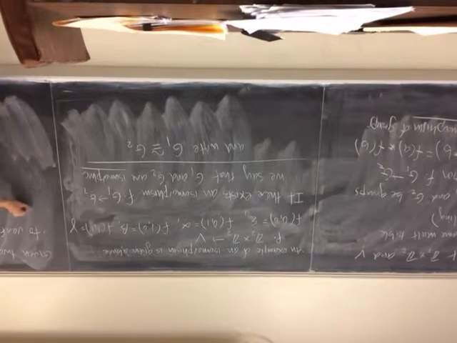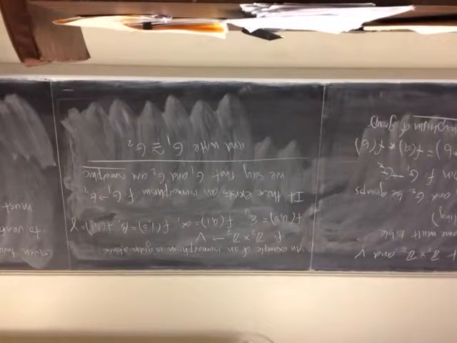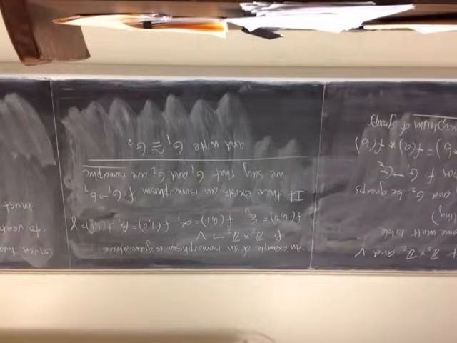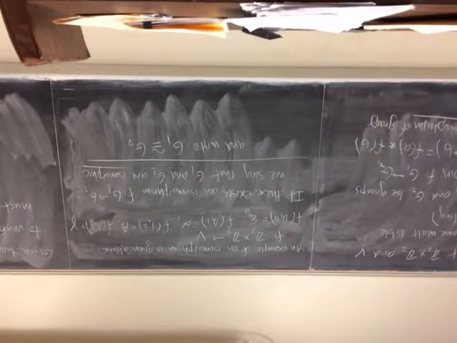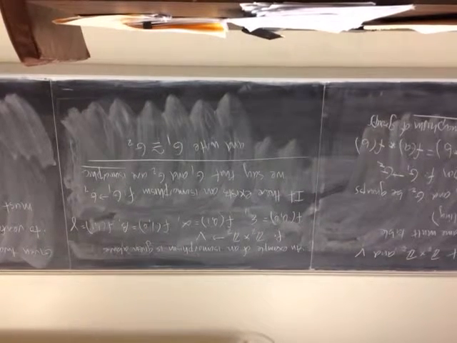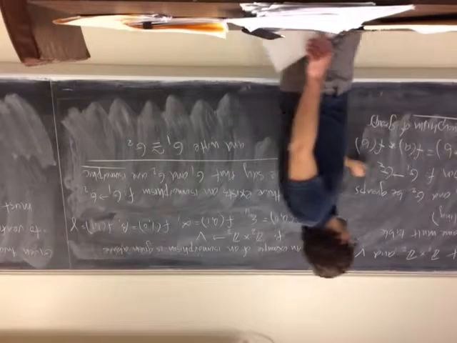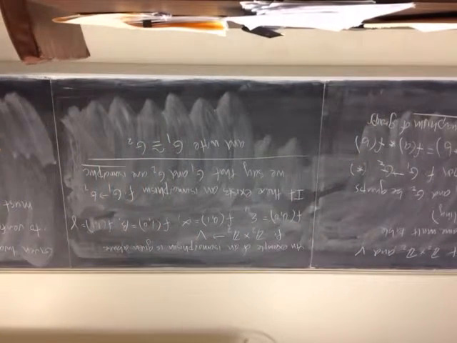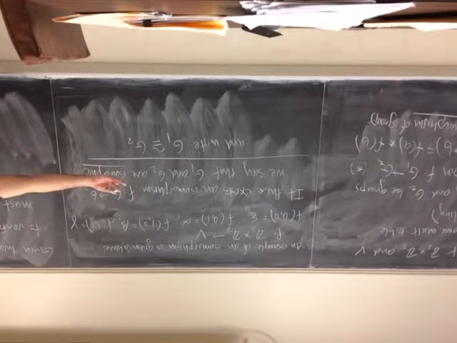So a priori it's an easy thing. You must find a bijection satisfying the property, and I'll put this as star. So somehow your goal is right there in front of you. It's telling you what to do.